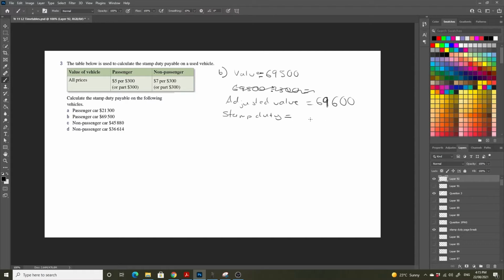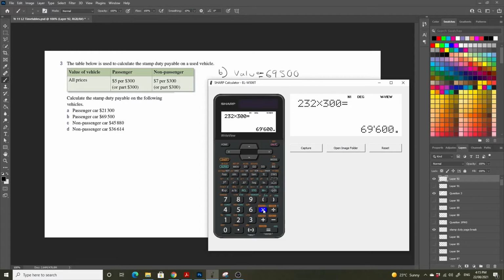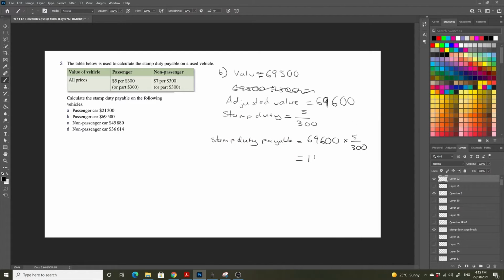It's a passenger vehicle again, so it's 5 over 300, and our stamp duty payable is going to be equal to 69,600 times 5 over 300, times 5 divided by 300, which is $1,160.